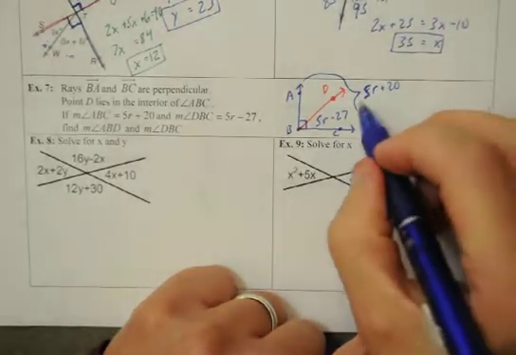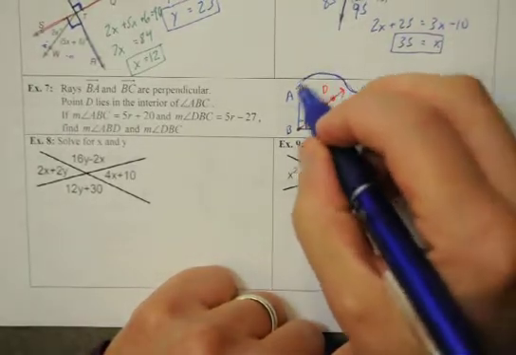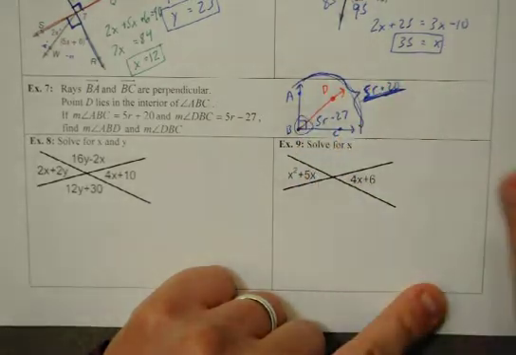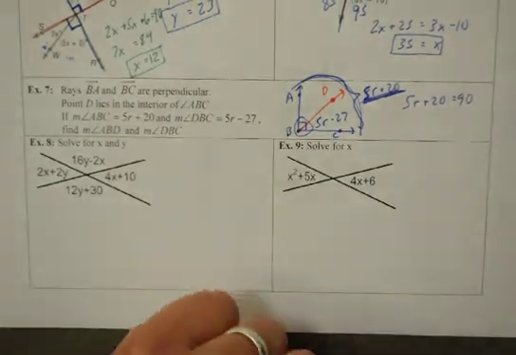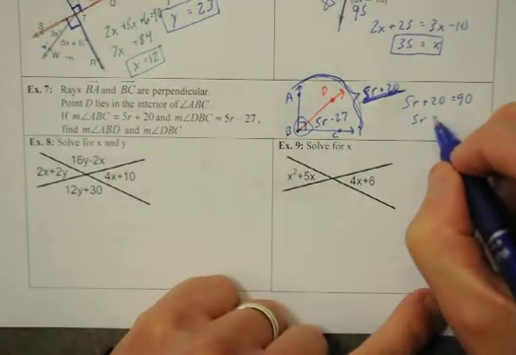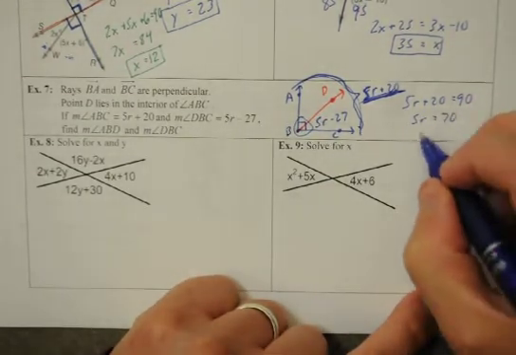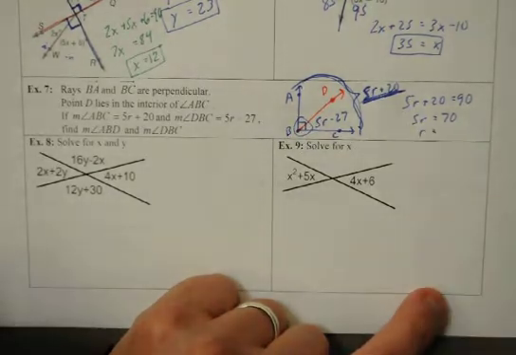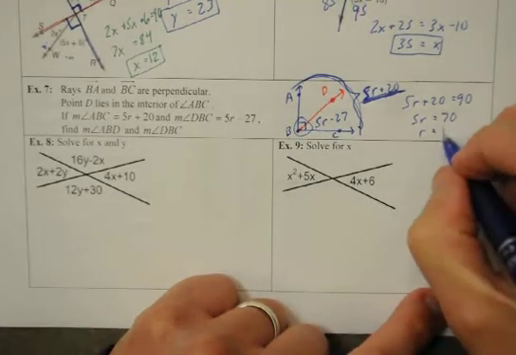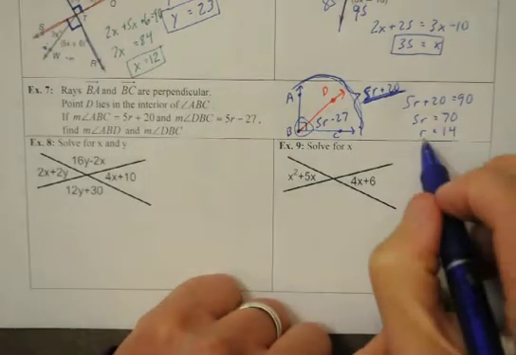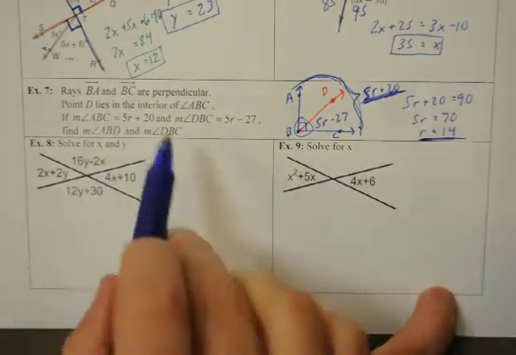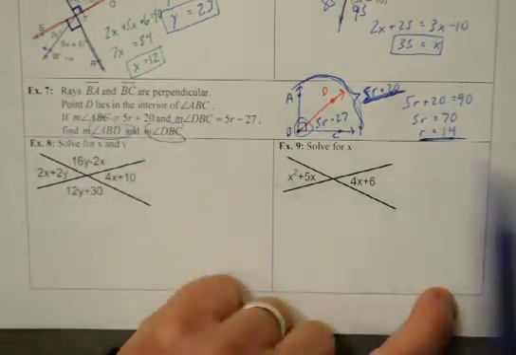We know that this opening is 90 degrees. So 5r plus 20 is equal to 90. Subtract that over, and now divide. You get 14. So r is 14. Once we have that r is 14, you can go back and plug that in and figure those out.